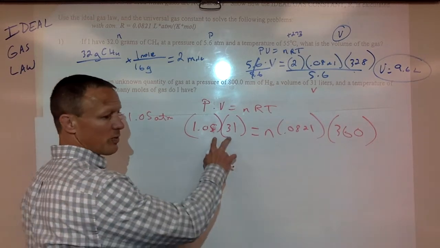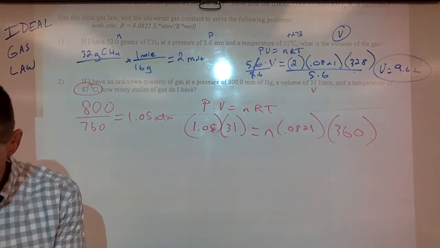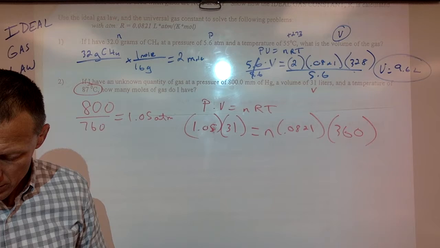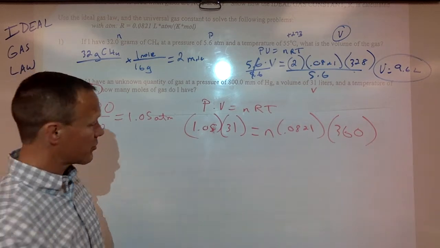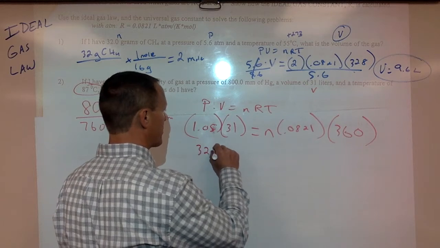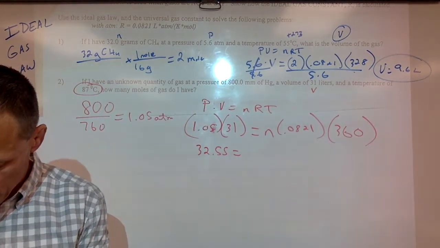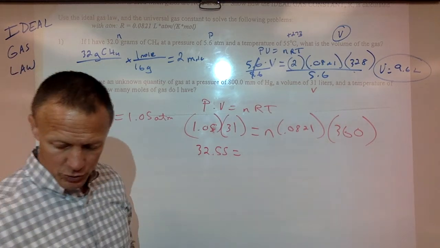So if we're doing this, we're going to multiply these two numbers. 1.05 times 31 is 32.55. 0.0821 times 360 is 29.6.